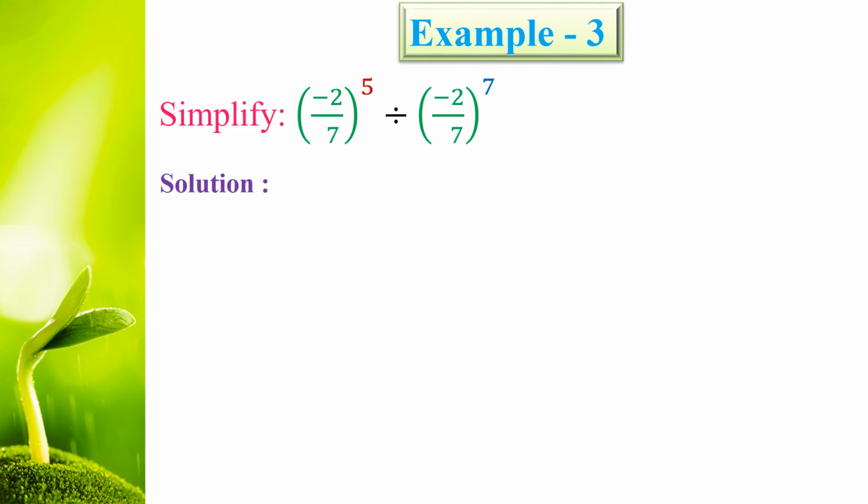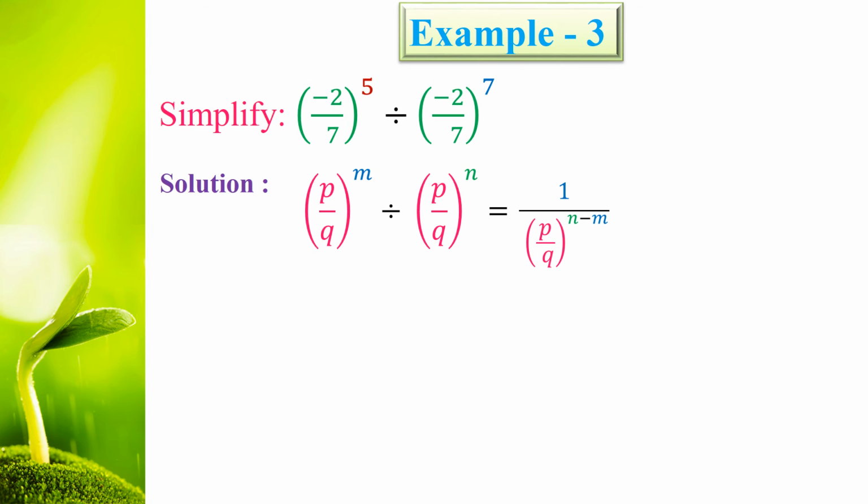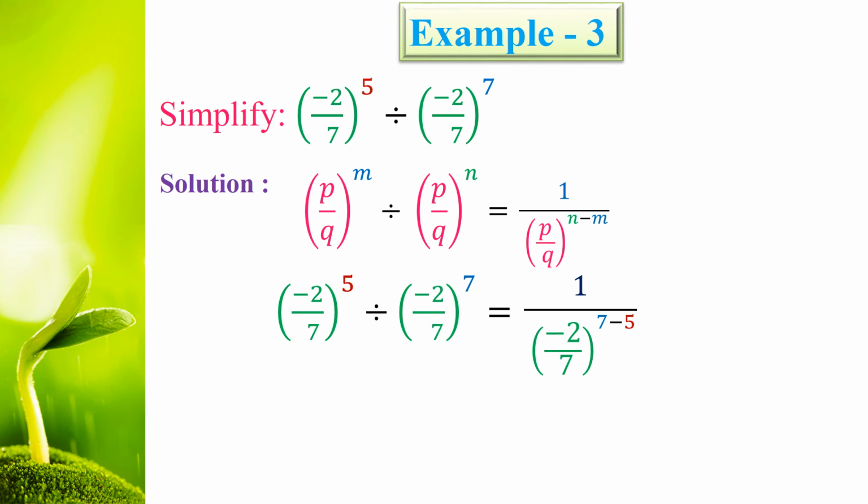So, we are going to use the third law. (p/q)^m divided by (p/q)^n equals 1 by (p/q)^(n-m). (-2/7)^5 divided by (-2/7)^7 equals 1 by (-2/7)^(7-5) equals 1 by (-2/7)^2.